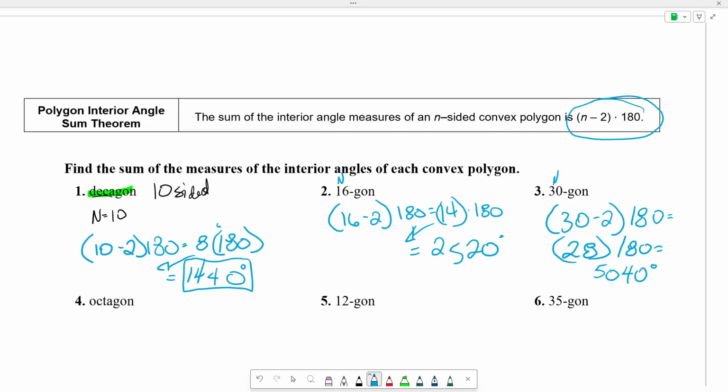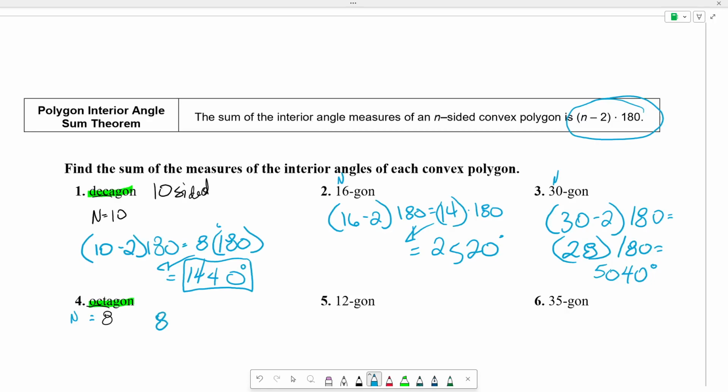An octagon. Using our language, first I need to remember how many sides an octagon has. The root part right here tells us octa, just like an octopus. An octagon has 8 sides, so this is my n.